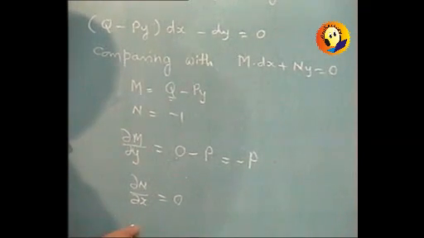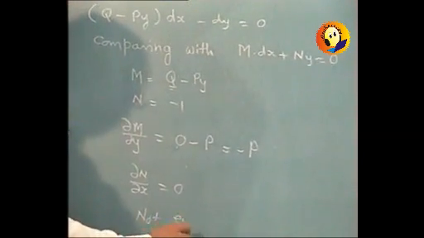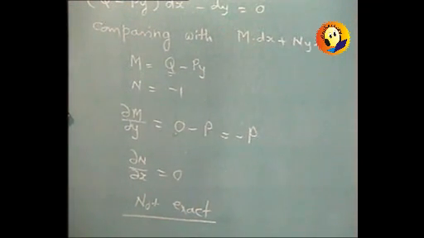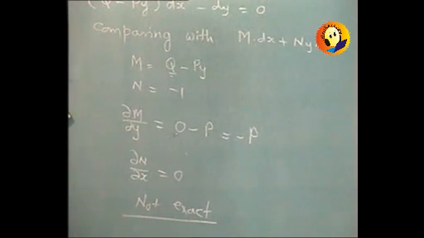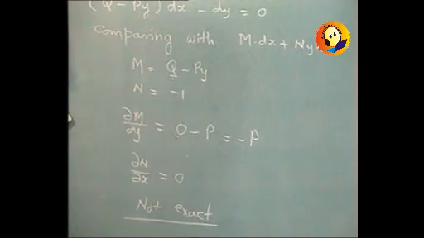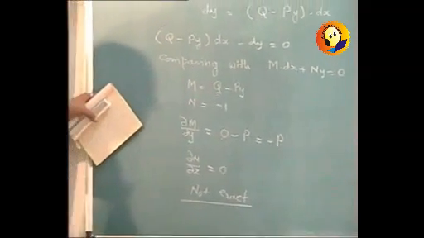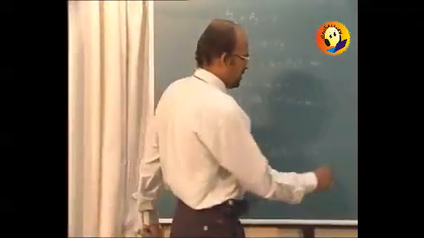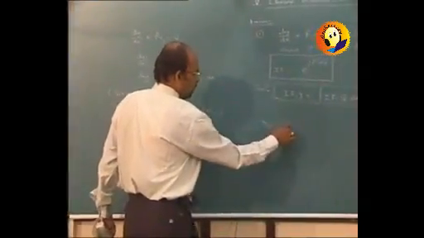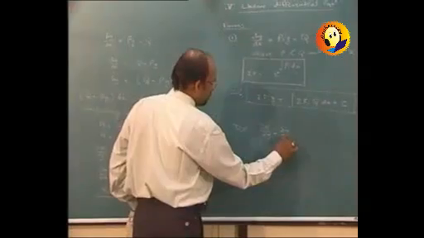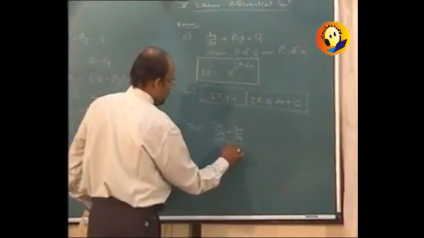So we say that the equation is not exact because dou m by dou y is not equal to dou n by dou x. So we will have to check whether it is reducible to exact, and for reducible to exact we have got a formula where we can start with m, divide by n, and it should be function of x. That was the third type which was available. So we just test what is dou m by dou y minus dou n by dou x upon n.